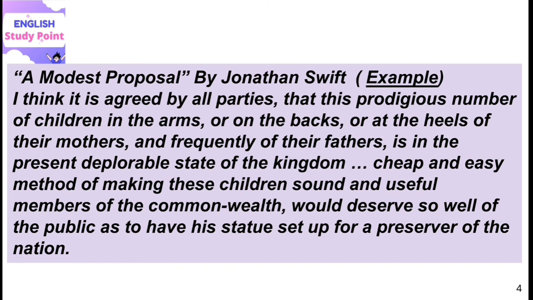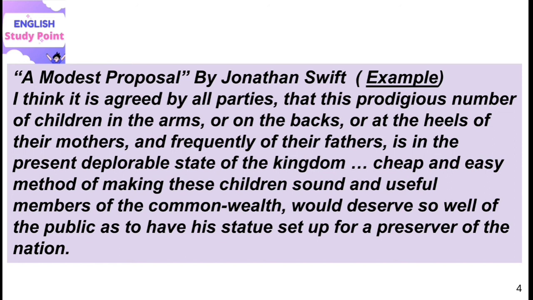So here he is targeting British authorities who acknowledge the issue of starvation as well as overpopulation in Ireland but do nothing about it. They took these problems into concern but they do not find any kind of solution. In order to solve their problem, they are not even considering them.